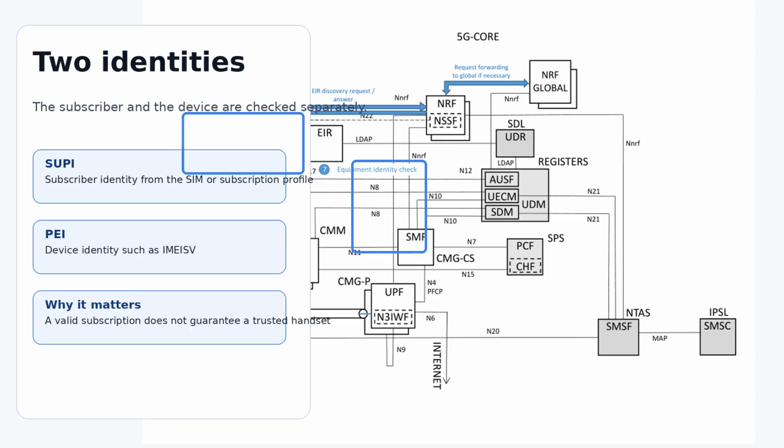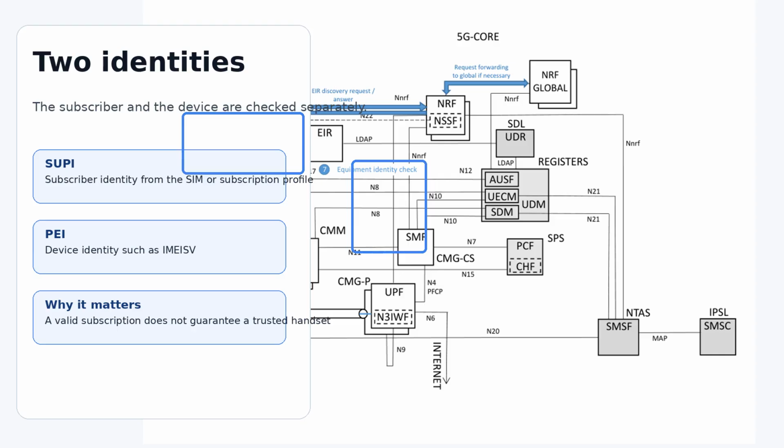The PEI, or Permanent Equipment Identity, is the hardware identity of the terminal. In practice, the example uses an IMEISV value, which is the IMEI plus software version. This matters because the network may trust a subscriber but still reject a particular device if it has been reported stolen, cloned, or otherwise barred.